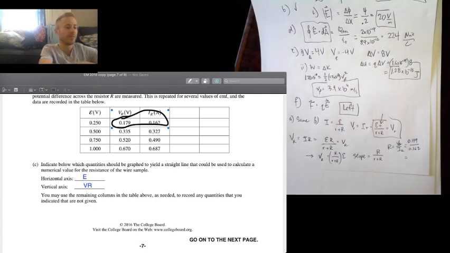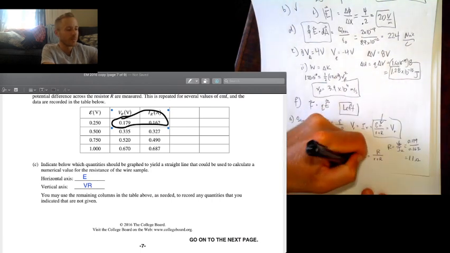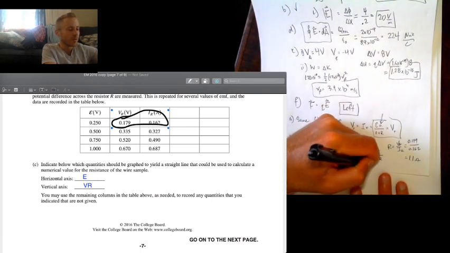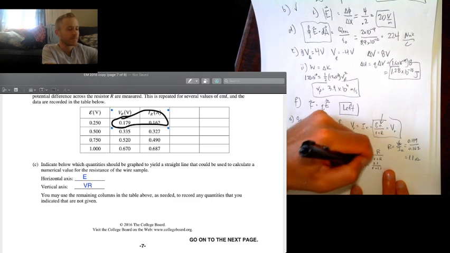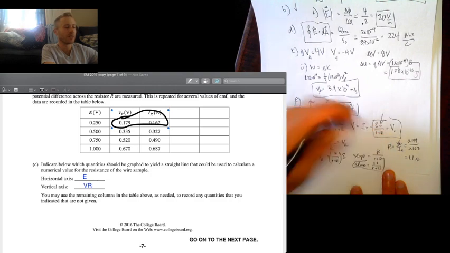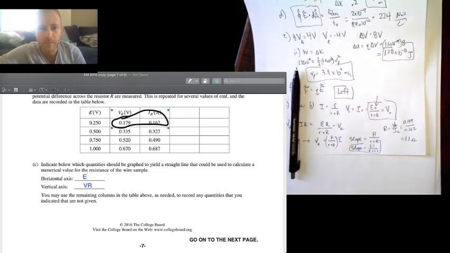And that gives me that big R is equal to 1.1 ohms. So my slope is going to be 1.1 over little r plus 1.1. That's going to allow me to solve the problem.